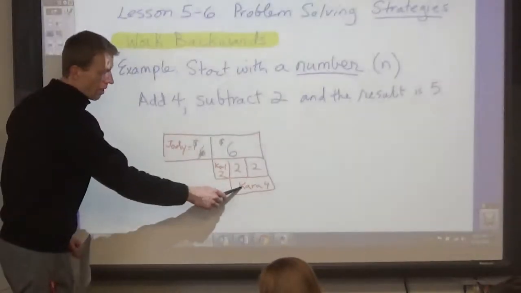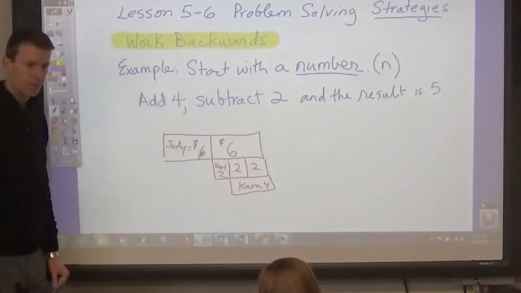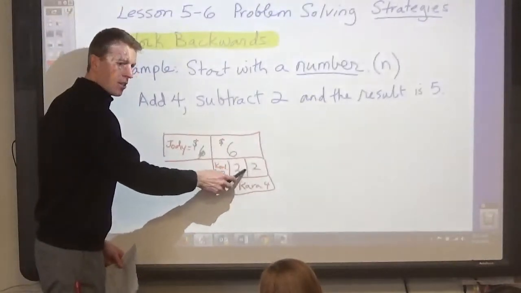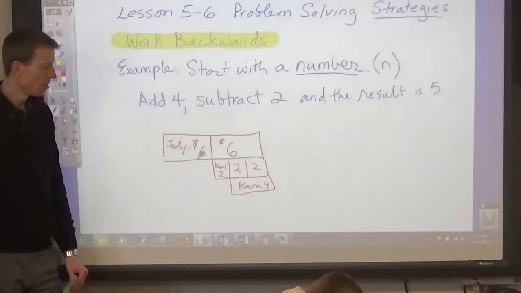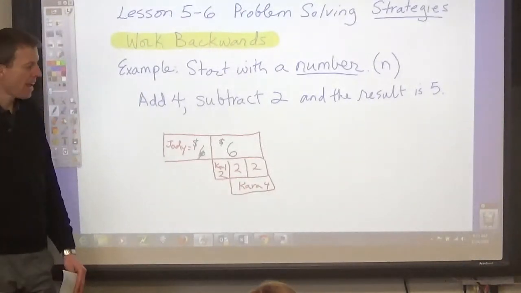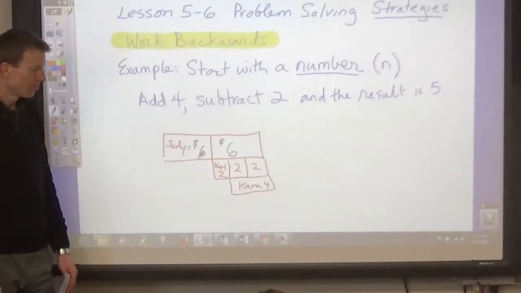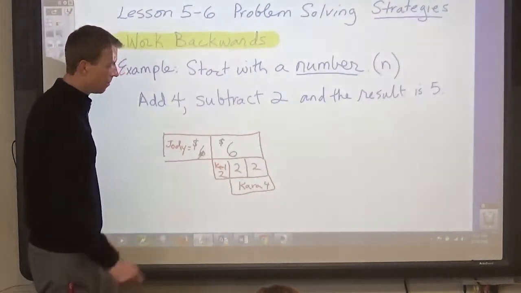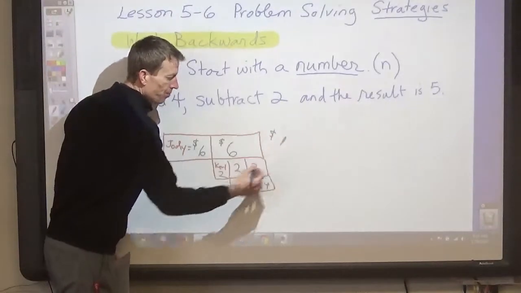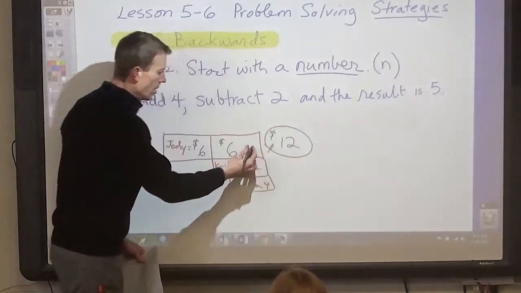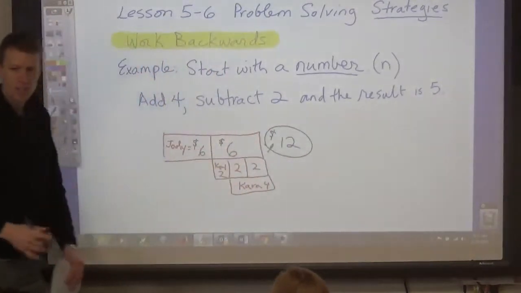So by starting with Kara's amount, the model helps you to figure out that that is 2/3 of half of the pizza. So this model helps you to get these amounts right here. How much is the pizza? $12. This big piece represents the whole pizza.